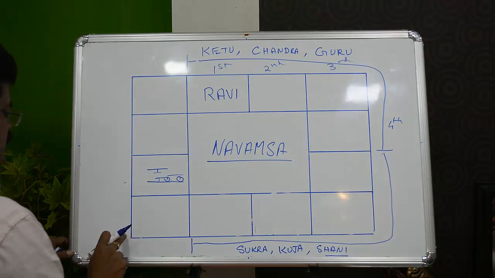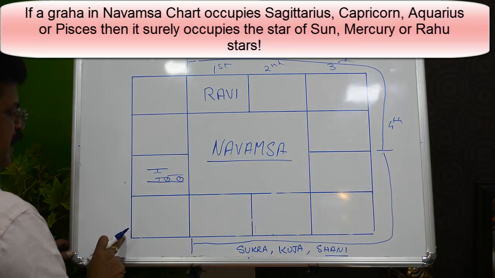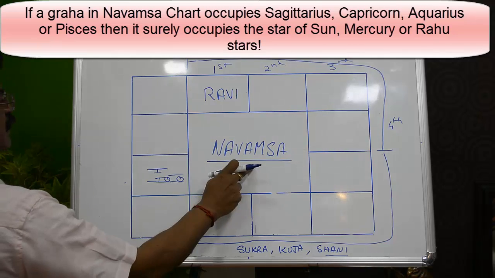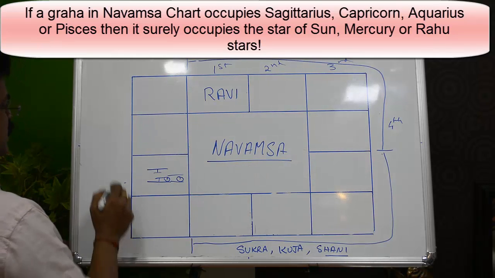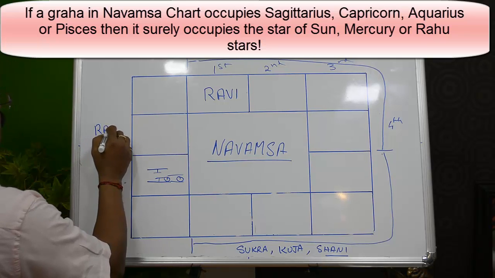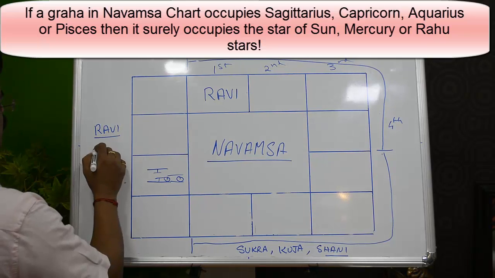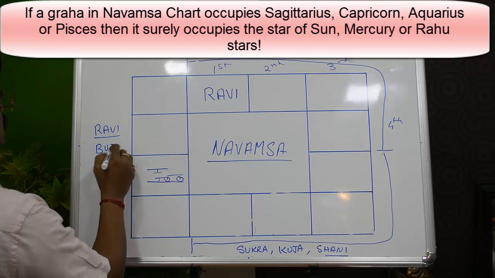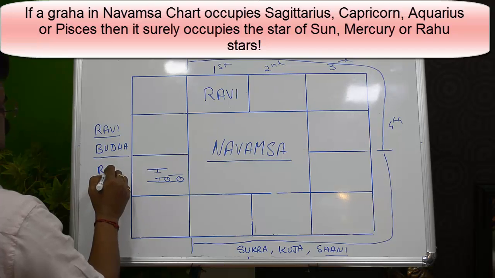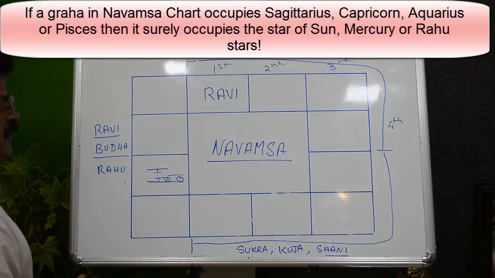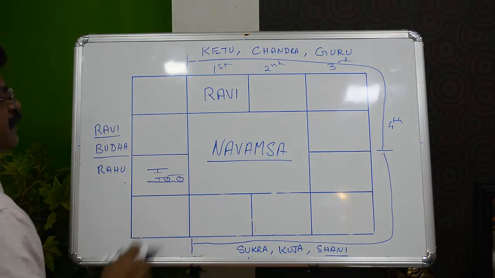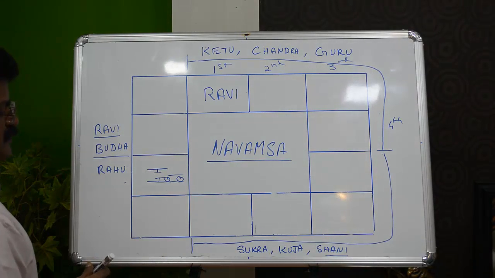In the same way, if you find any planet in this sign or this sign or this sign or this sign in Navamsa, they can only be any of these 3 stars. It can be Ravi, which is the sun, or Buddha, which is Mercury, or Rahu stars. That completes the whole cycle. We have 3 stars here, 3 stars and 3 stars. There are only 9 groups of stars.